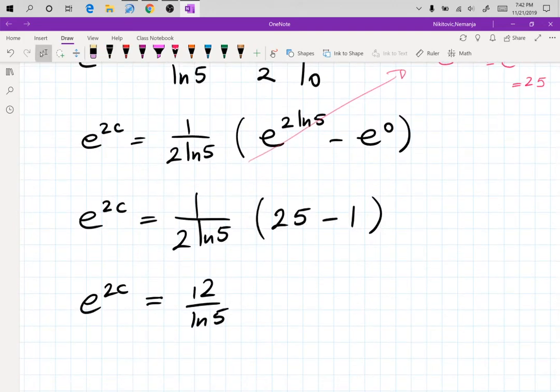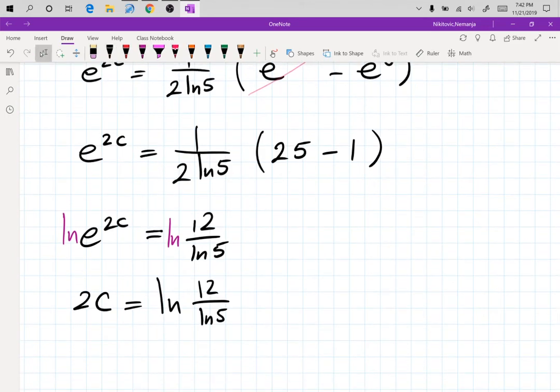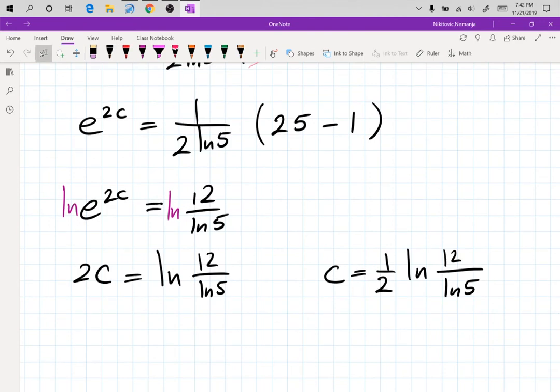So now to get your c, you ln both sides, and you get that 2c is equal to ln of 12 over ln 5, and finally c is equal to 1/2 ln of 12 over ln 5. Now you can just punch this in a calculator and get a decimal for it, but you have your c.